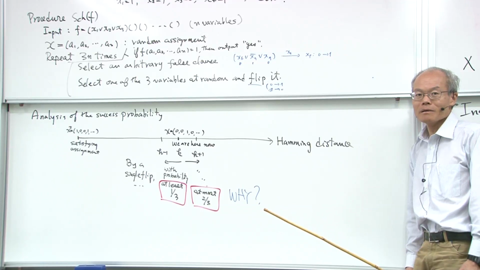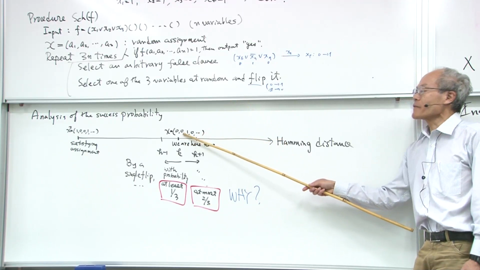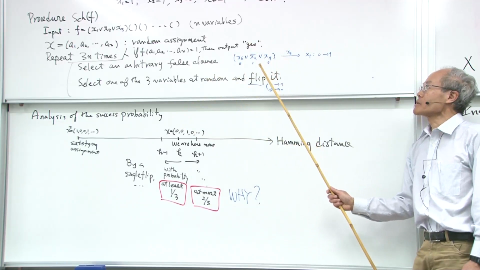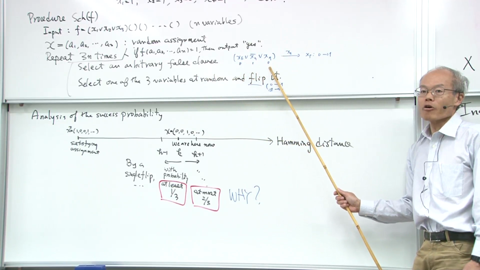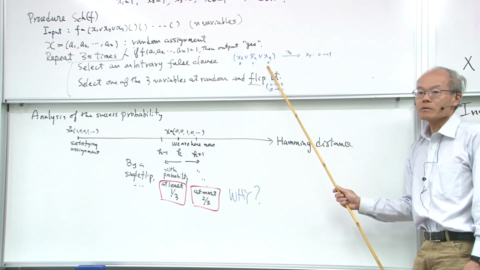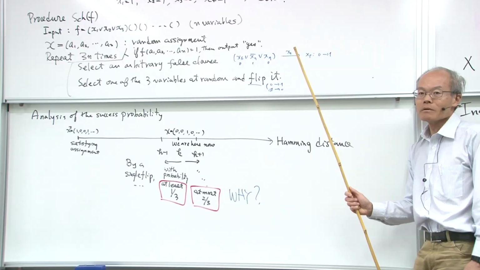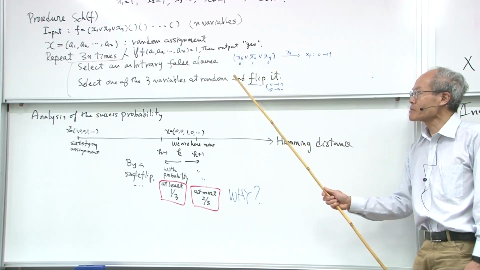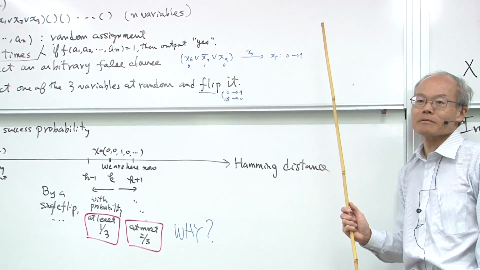Okay? Once again, this is not a satisfying assignment. There must be a clause where all bits are bad, all bits are 0. Then this assignment 0, 1, 0 should be different from the final goal, because if the final goal has value 0, 1, 0, that is not a satisfying assignment.